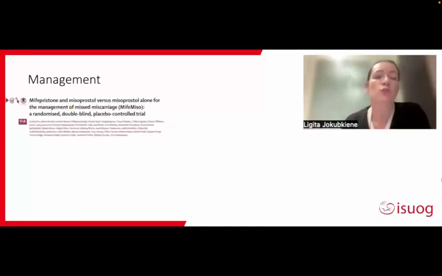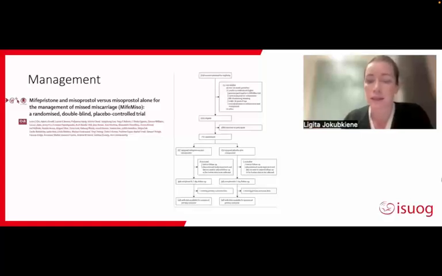And just to show you very shortly, a randomized double-blind placebo-controlled trial where mifepristone and misoprostol were used versus misoprostol alone. In total, 2,746 women were assessed for eligibility, and randomized total was 711, with primary outcome available for 348 in each arm.